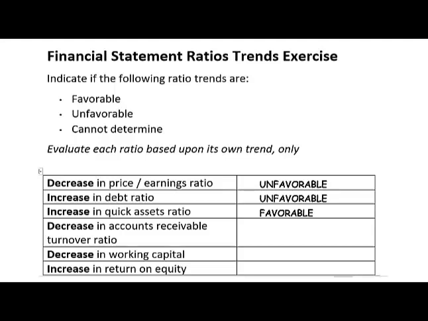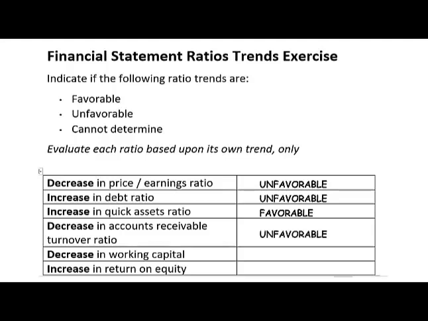So if my ratio is 5 times and it goes up to 6 times, that's an increase, and that would mean I would be collecting my accounts receivable more efficiently.